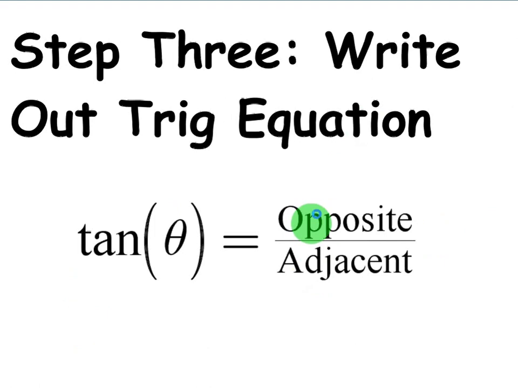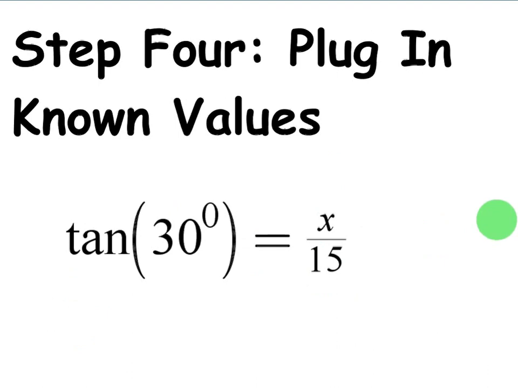We plug in the angle, which is 30, the opposite side, which is x, which we're trying to solve for, and the adjacent side, which was 15. Again, the angle's 30, the opposite side is x, and the adjacent side is 15. And then once we do that, we can actually solve for x.